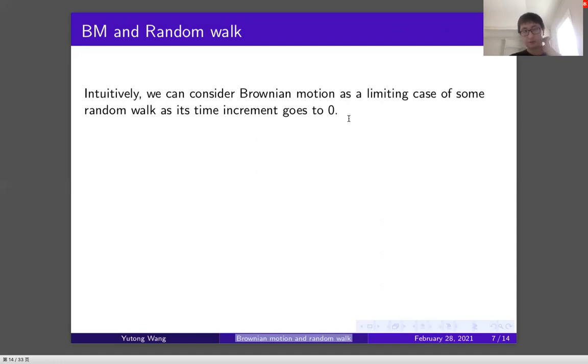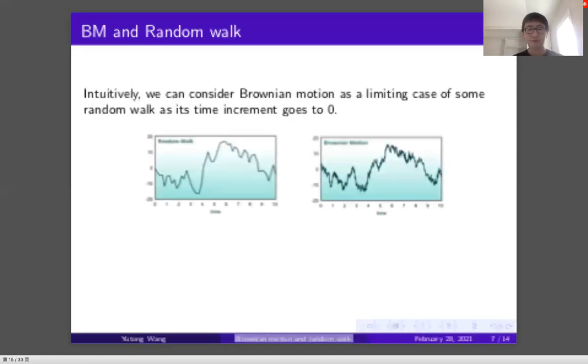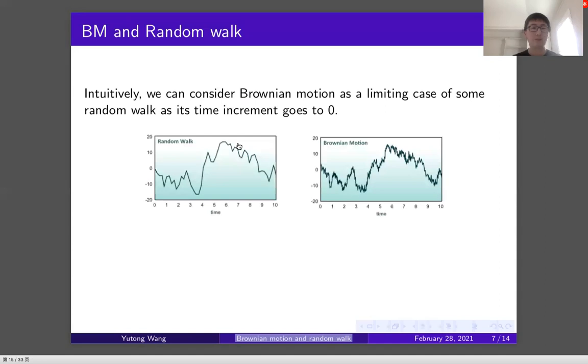So when we connect a continuous process with a discrete process, we need to use some knowledge from calculus. We let delta t tend to 0. So here are two pictures of the random walk and the Brownian motion.